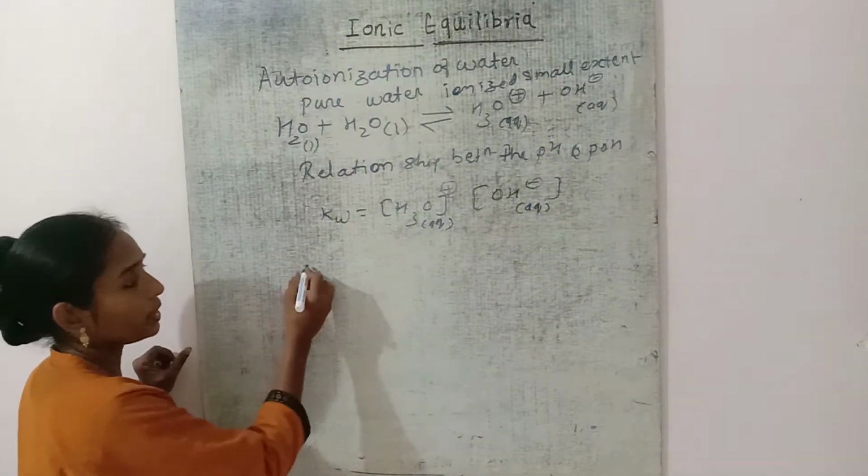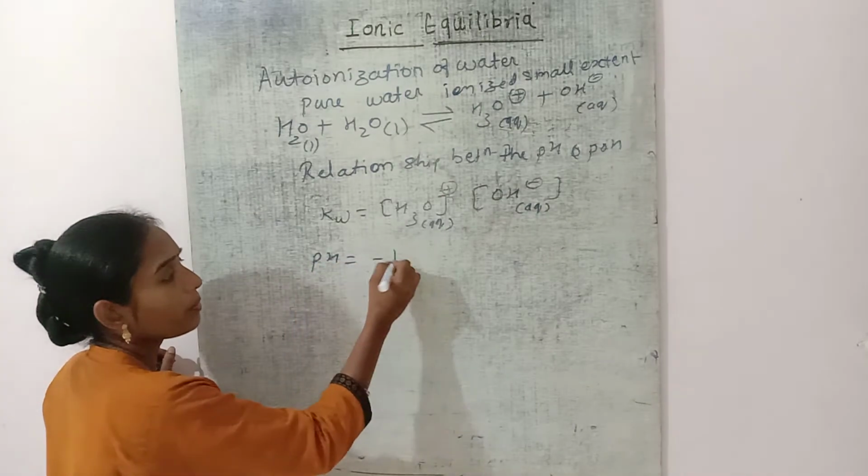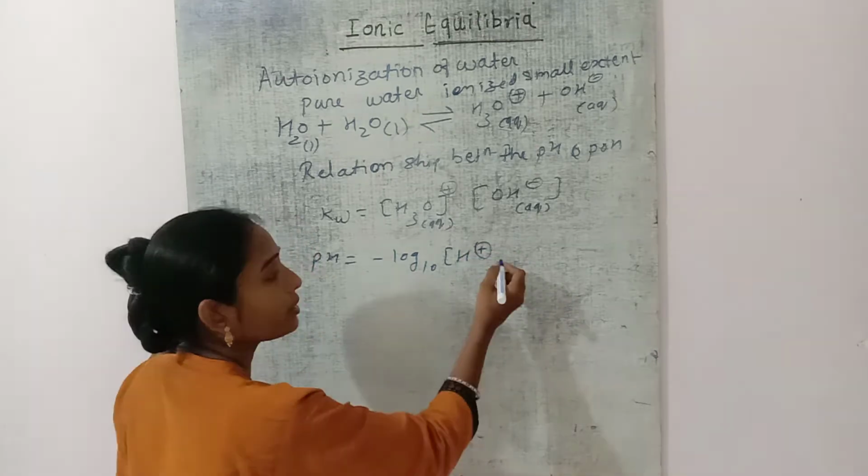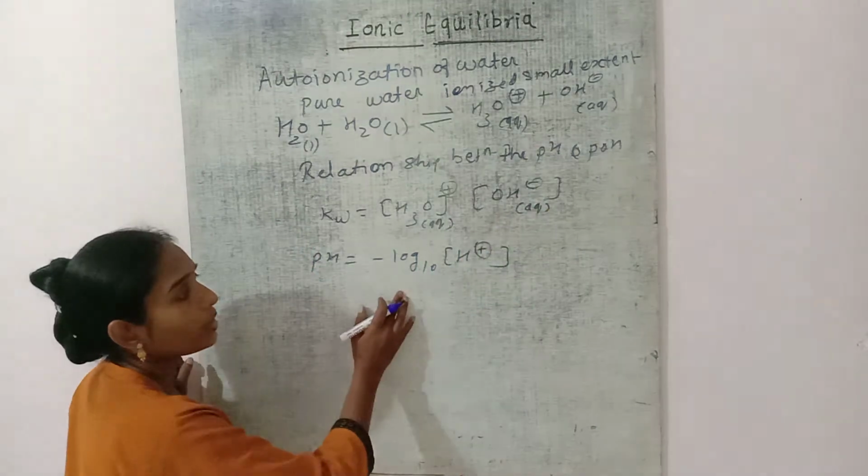Here also we know that pH is equal to minus log base 10 of H plus ions, and the pOH is for OH negative ions. So you can put this here.